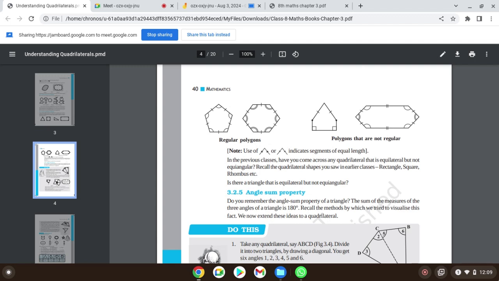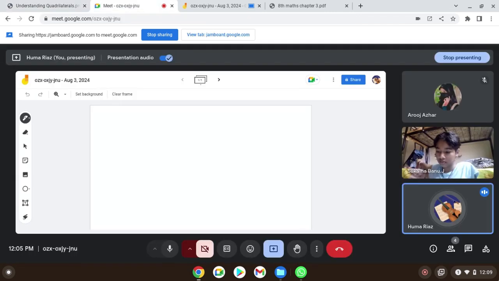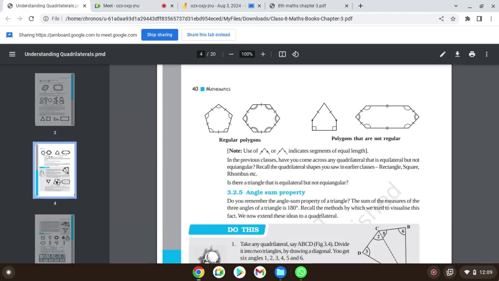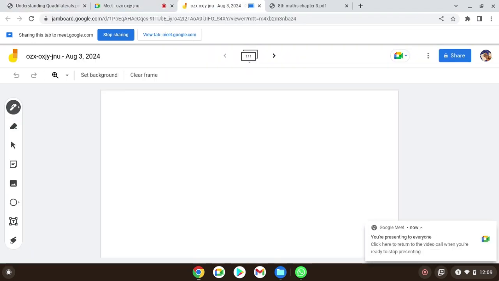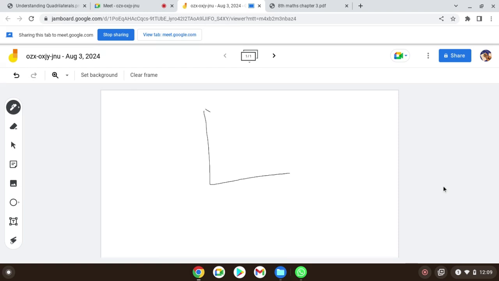If we have a triangle which has the same angles and is not in the same line, that is a very difficult thing. For example, now this is the screen I have. Is my screen visible to you? Yes, ma'am. If I have a triangle like this, this is not equilateral because every side is different.